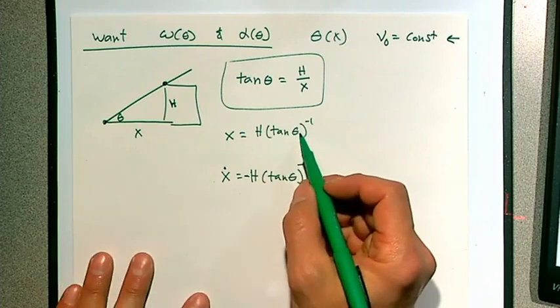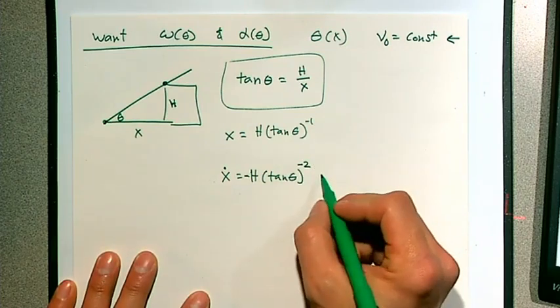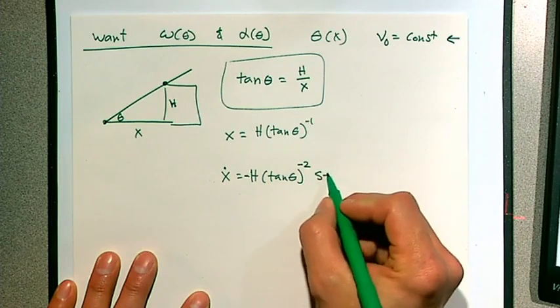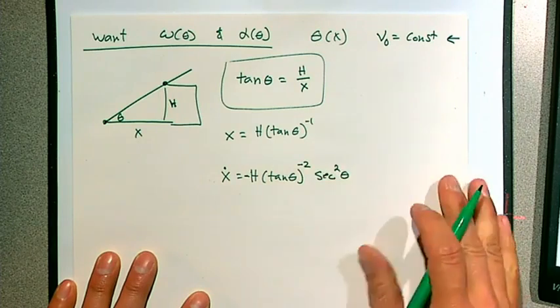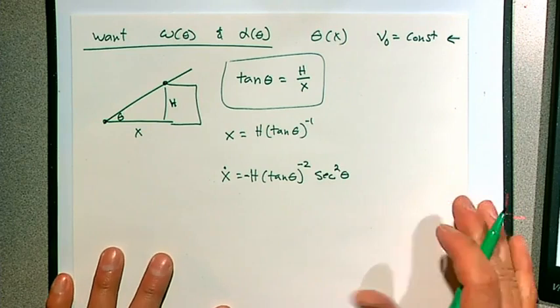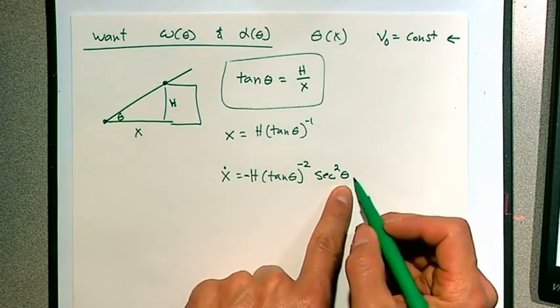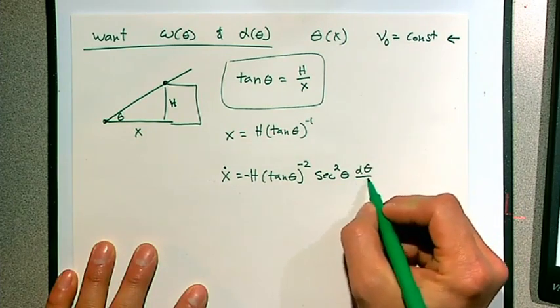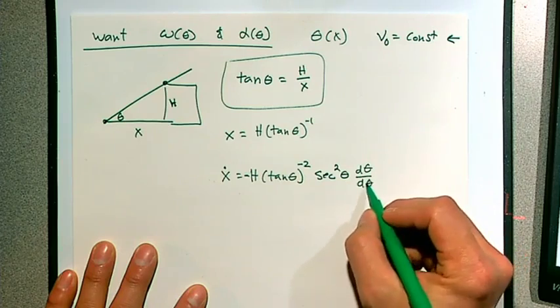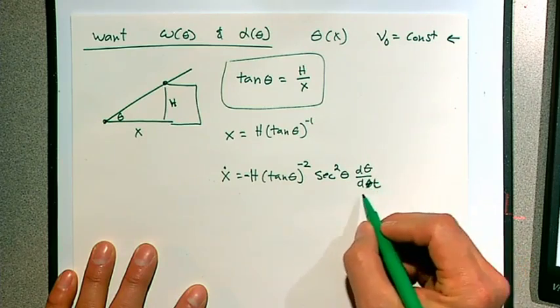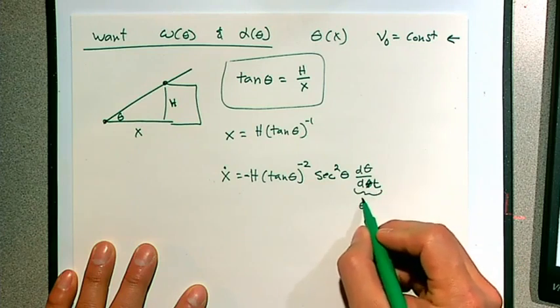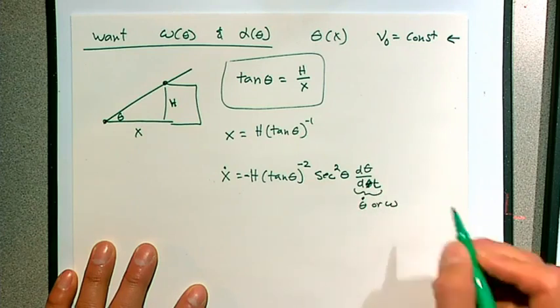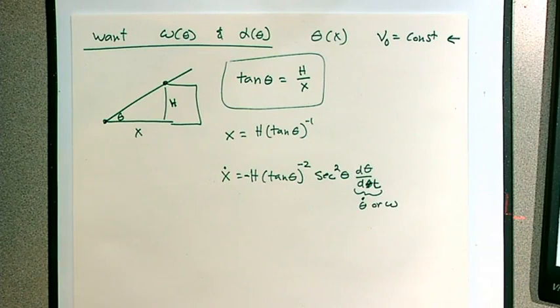So the derivative of tangent theta with respect to time, derivative of tangent is, yeah, someone knows, secant squared theta, showing off the calculus. And then derivative of theta with respect to time, d theta dt. So this is also theta dot, or omega. However you want to do it, right?